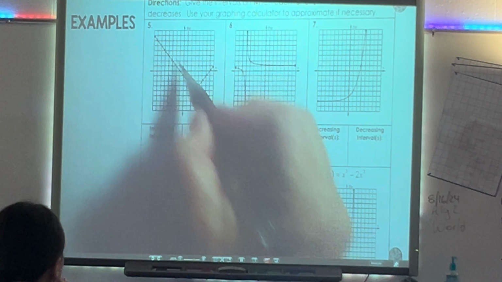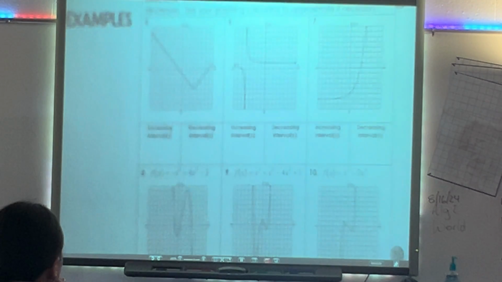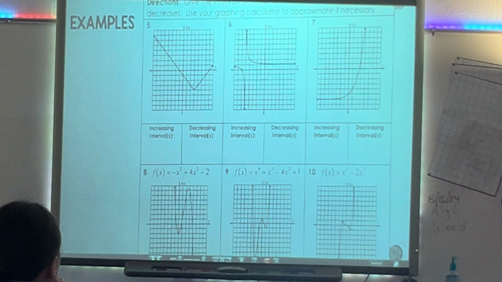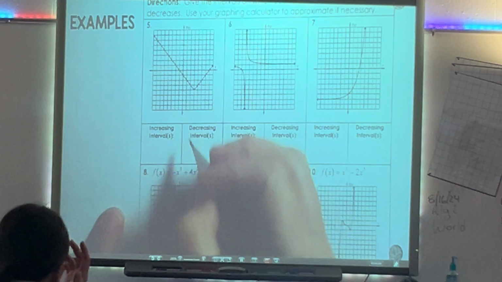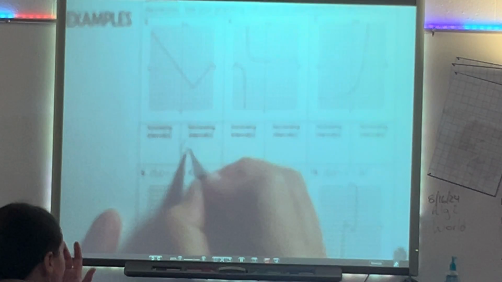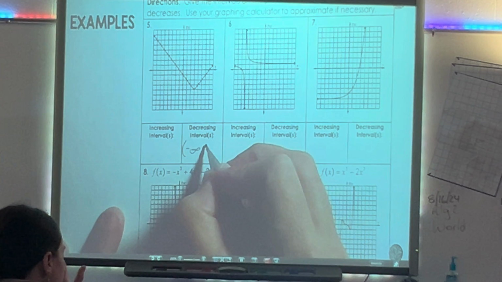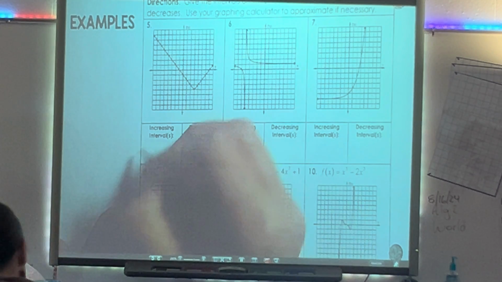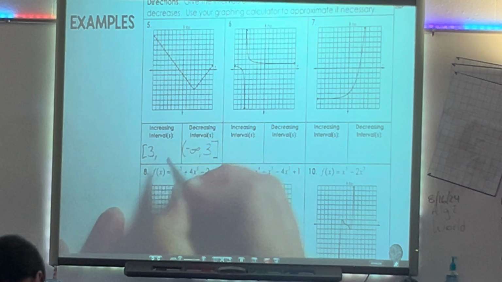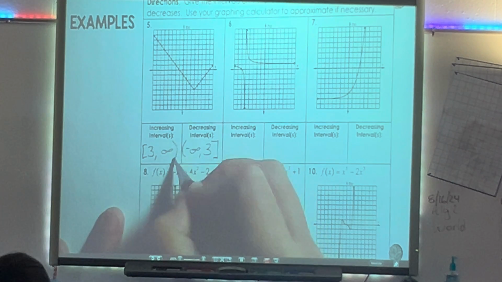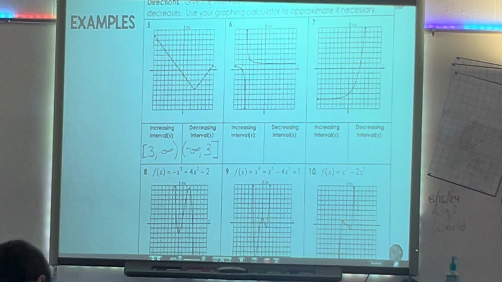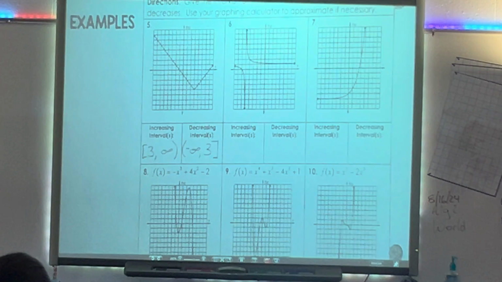Because this decreases first, I'm gonna write it first. It decreases from negative infinity until I get to 3, and then it turns and goes from 3 to positive infinity. However y'all wanna work that out when you're doing it, it does not matter to me.